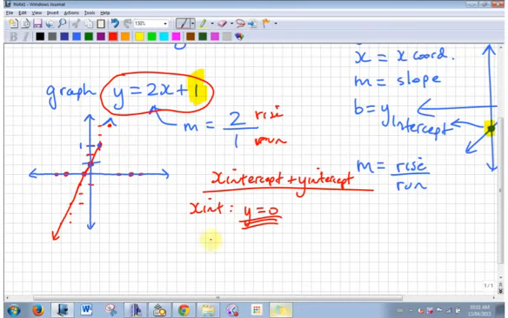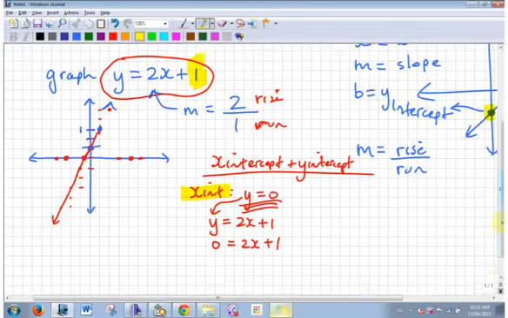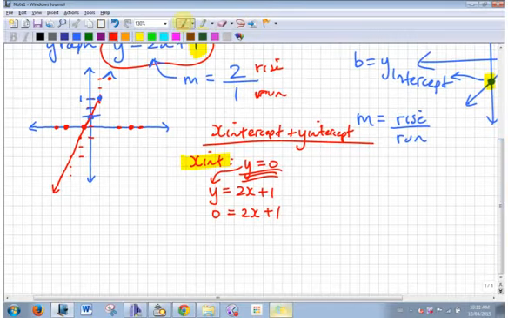So for this equation, y equals 2x plus 1, y is 0. I'm going to substitute that right in there. So 0 is 2x plus 1, and I will do that to solve for the x-intercept. So, good old algebra. How do I solve that thing for x?